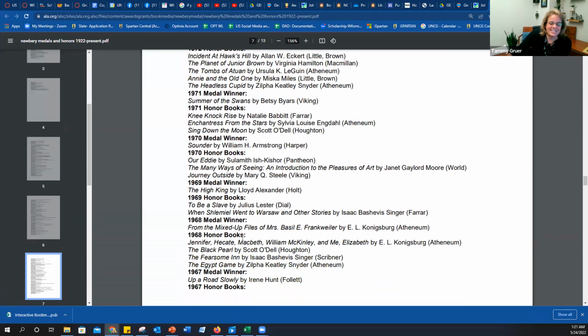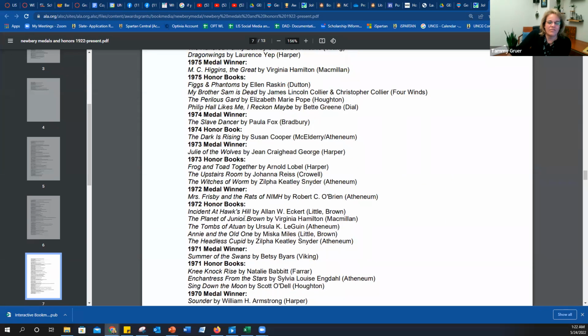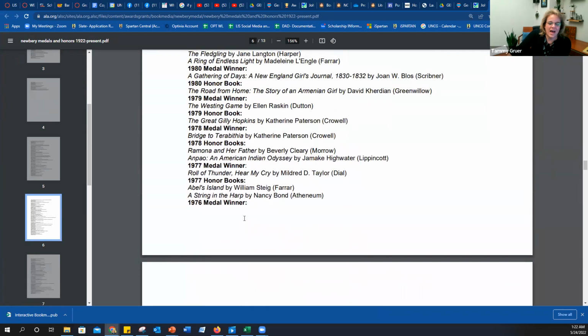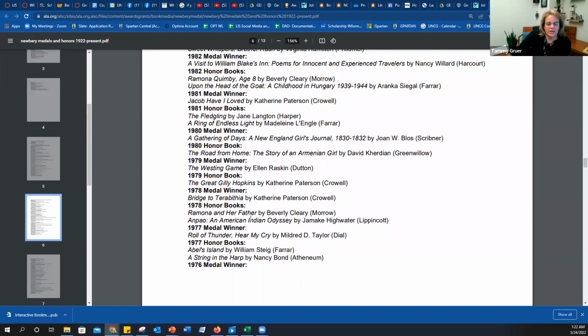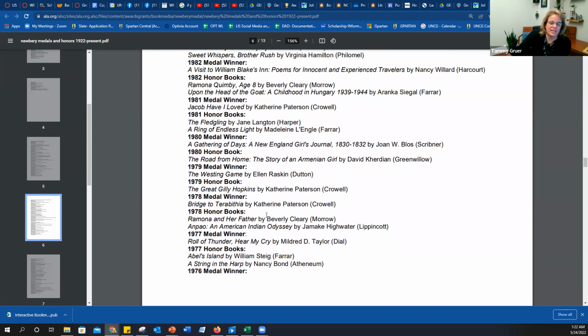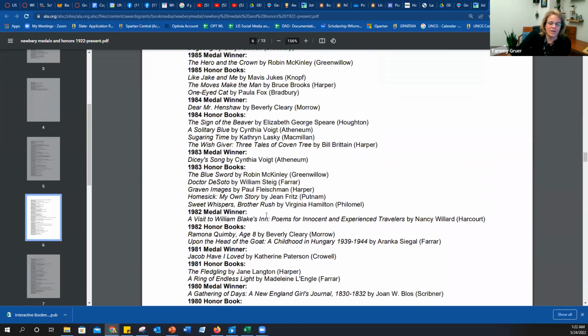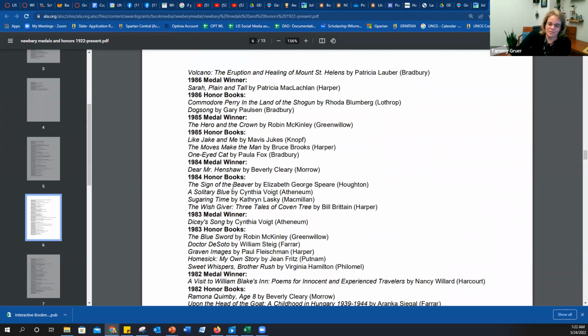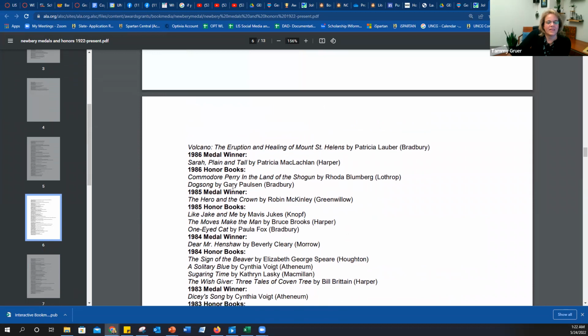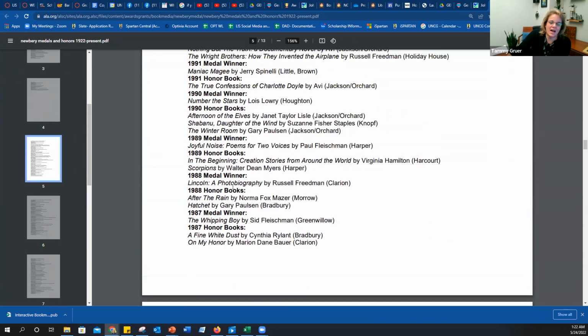There is Hatchet, right? There are quite a few other titles that I can think of. Roll of Thunder, Hear My Cry, Ramona and Her Father by Beverly Cleary. There are quite a few books on here. Dr. DeSoto, Because of Winn-Dixie. Lots of books that are kind of timeless.